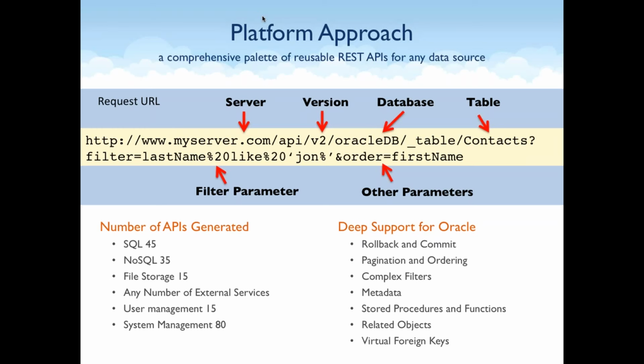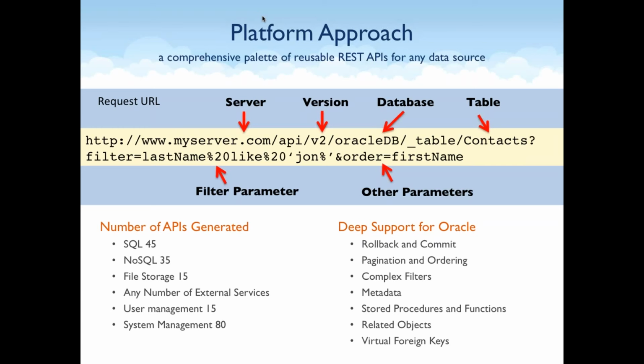For an Oracle database, there are 45 distinct endpoints, and those endpoints are wild-carded with things like table names and field names. So you simply pass in what you're looking for: the server where DreamFactory is running, the API version, the database, which is basically the API name, the object that you're looking for, and then any type of parameter.